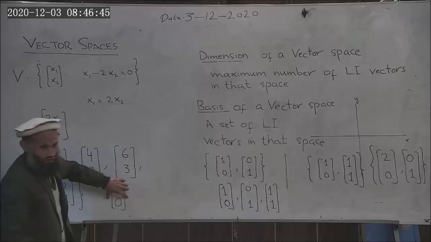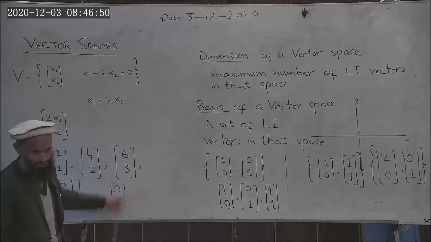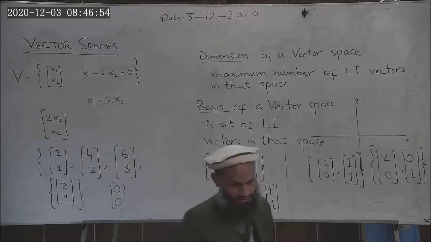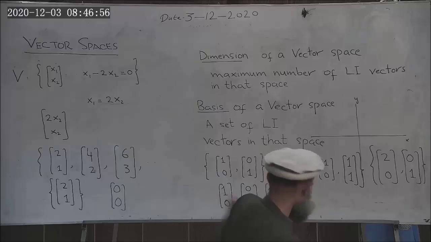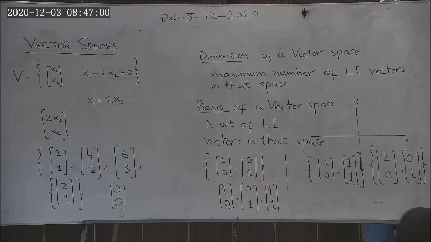However, we say that this is linearly dependent. (0, 0) is always linearly dependent, so we cannot take this as a basis. So that is a basis, and a basis is not unique for a set.